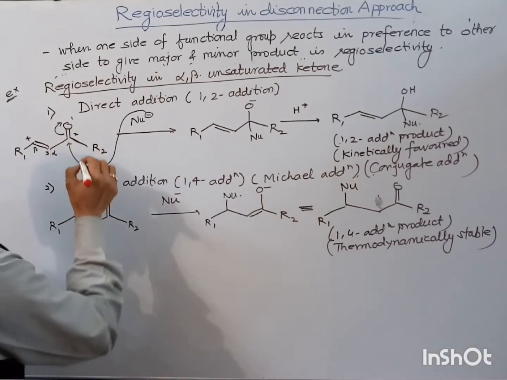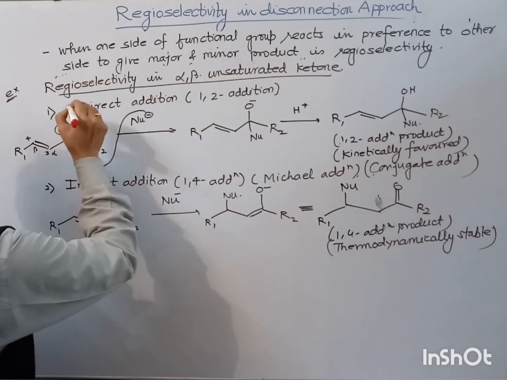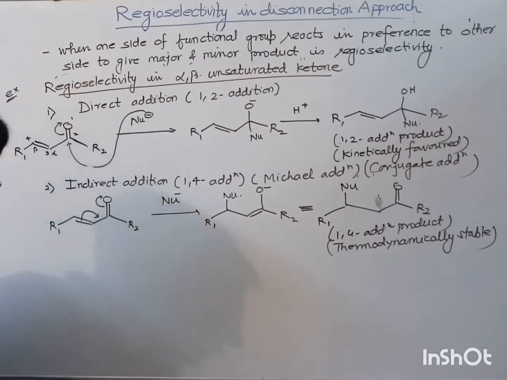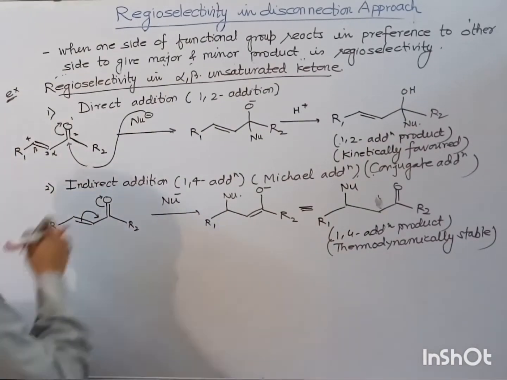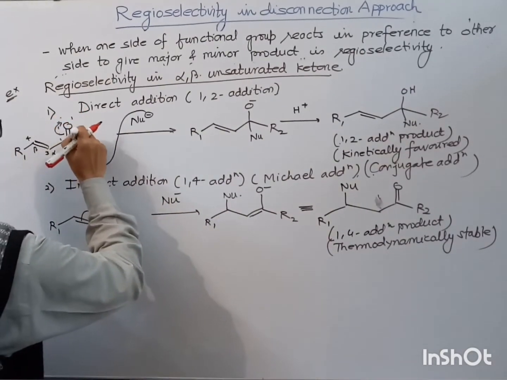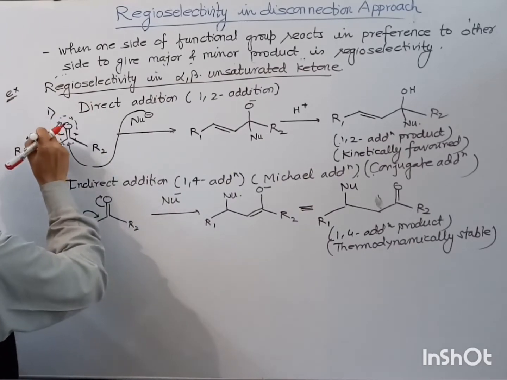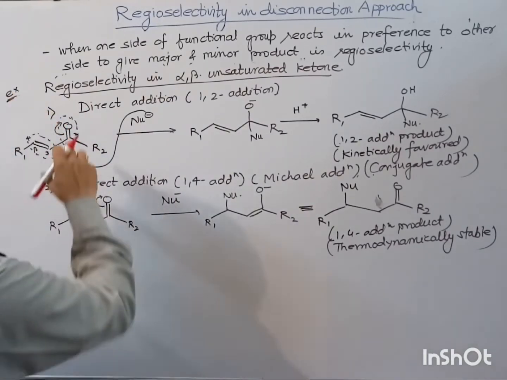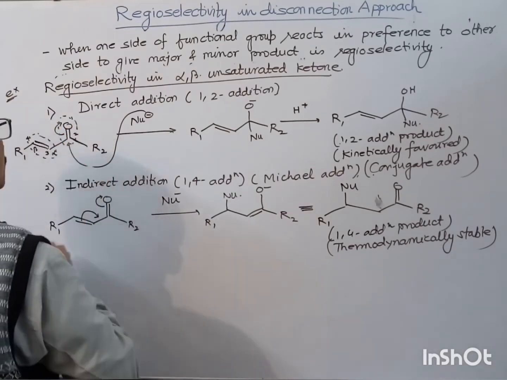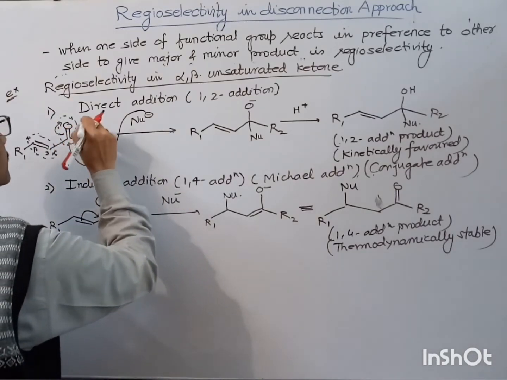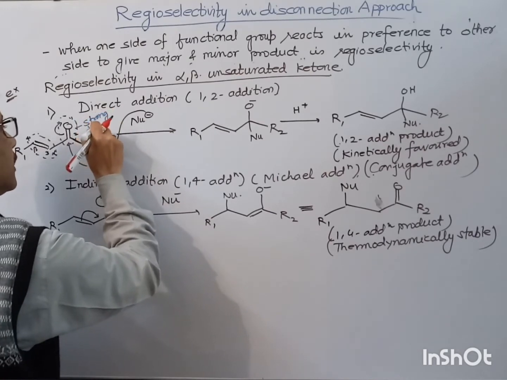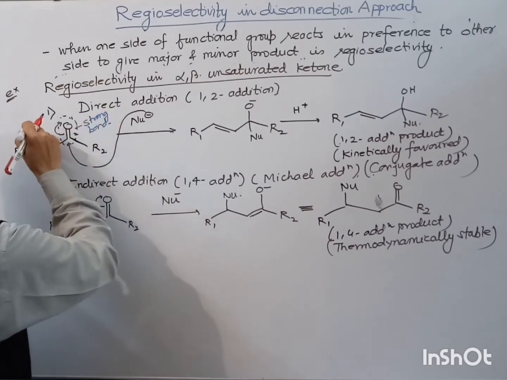Actually, if you will see, in this alpha beta unsaturated ketone, we have 2 reactive centers. So the carbon carbon double bond is the strong bond, and this bond is the weaker bond.